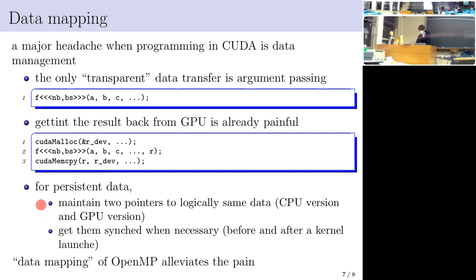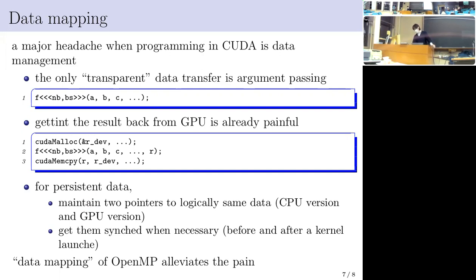And actually, your program is likely to maintain somewhat more persistent data, so not just getting the result back from GPU to CPU. So in that case, conceptually, you need to have two versions of logically the same data, right? And the addresses of them are different.